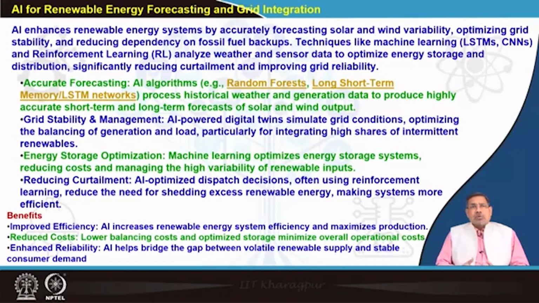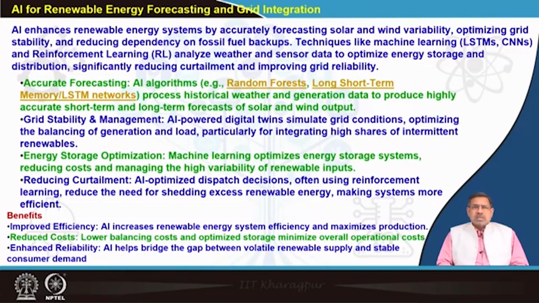So: accurate forecasting, grid stability and management, energy storage optimization, and reducing curtailment. These are the four important things that AI-based algorithms do, as accurate forecasting is required from the renewable energy grid sector.